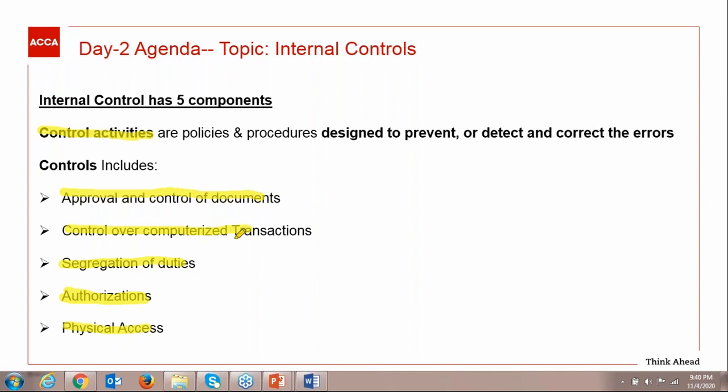Or I am going to make another internal control with the help of this control activity. So I will place another internal control, that is each and every invoice should be approved by the finance director.